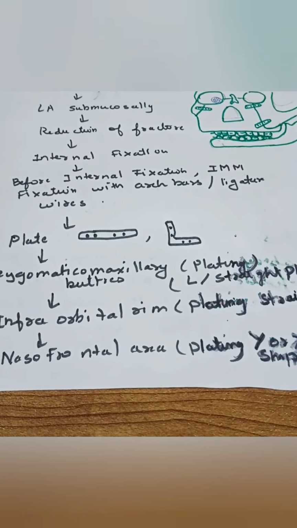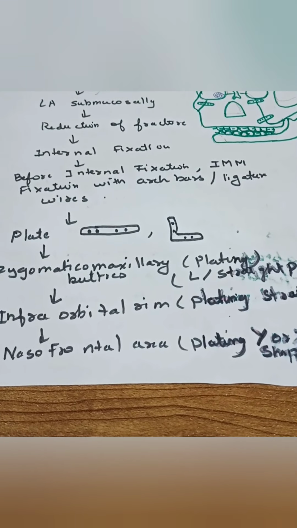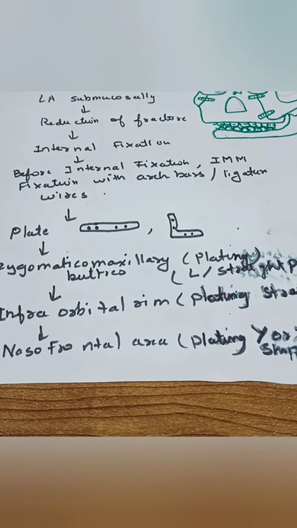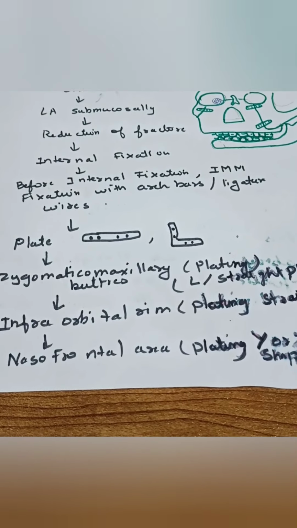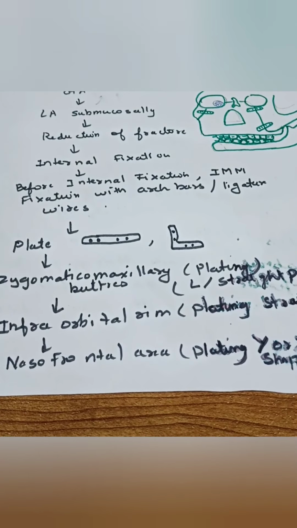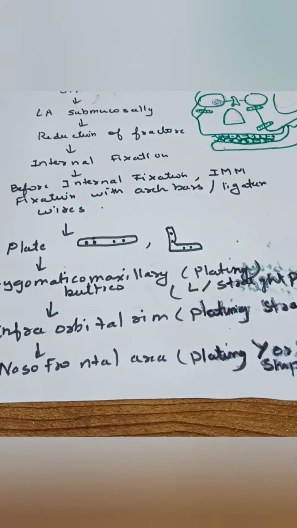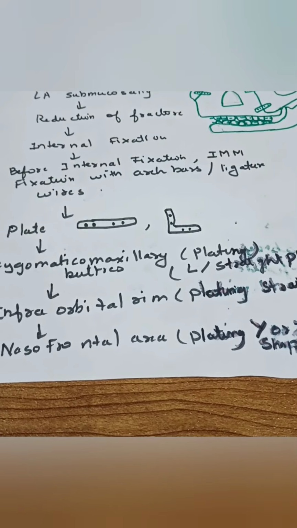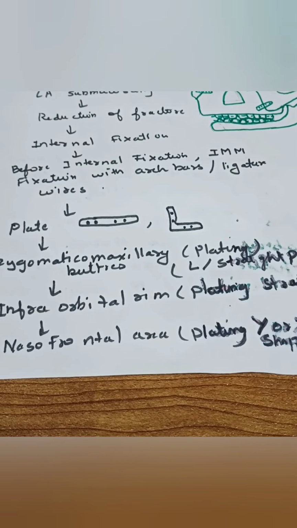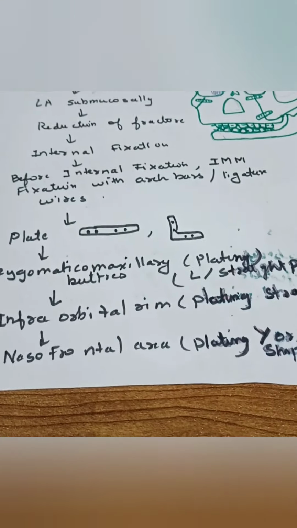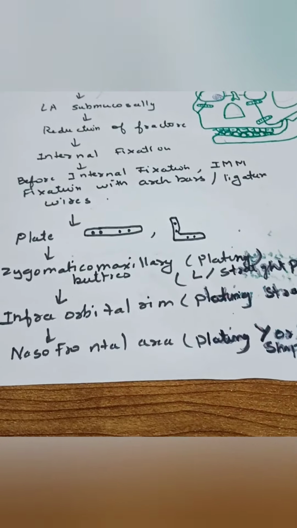So these are the different areas where you place the plates, with different incisions depending upon the site. There are different approaches which you will see in your books, where they show you the different approaches from where you can take the incision. Now you need not remove the plate.